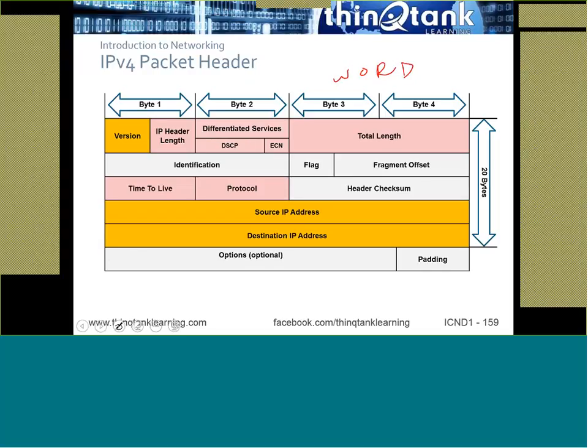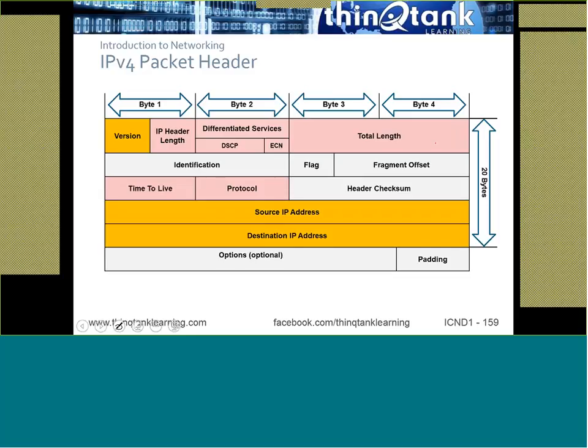The total length equals the length of my header plus the length of the data that's being encapsulated. So if I see a total length of 700 bytes, and I'm using a normal IP header, I know that above layer 3 I am carrying 680 bytes of information. Very, very simple field. It just represents the amount of information that's being carried inside of the datagram.